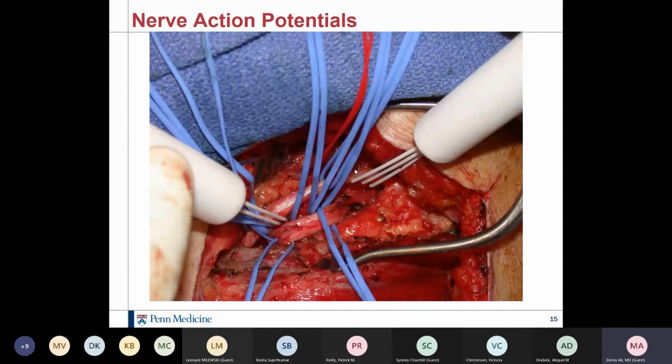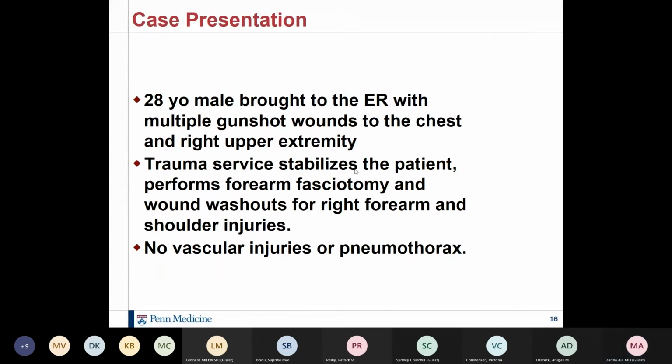If there's no evidence of active nerve potential, we often will then transect the nerve, identify scarred elements of the nerve, resect the scar, which I'll have another example of, and then coapt the two ends.